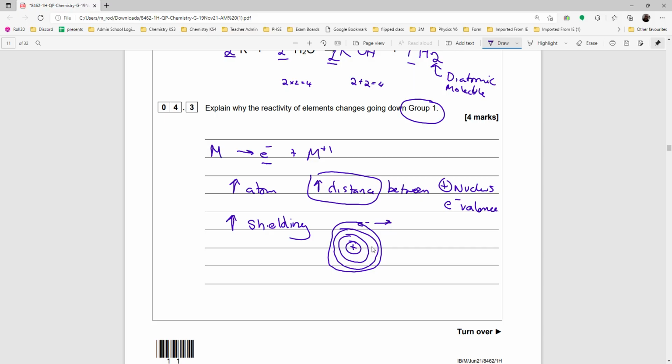But the last part is you're also going to be increasing the positive nuclear charge, which is going to increase the attractive force, and this is not good for this particular case. Which is the opposite of the first 2.